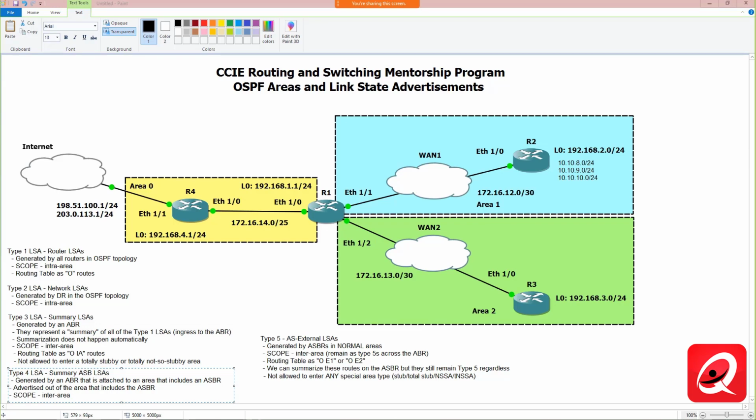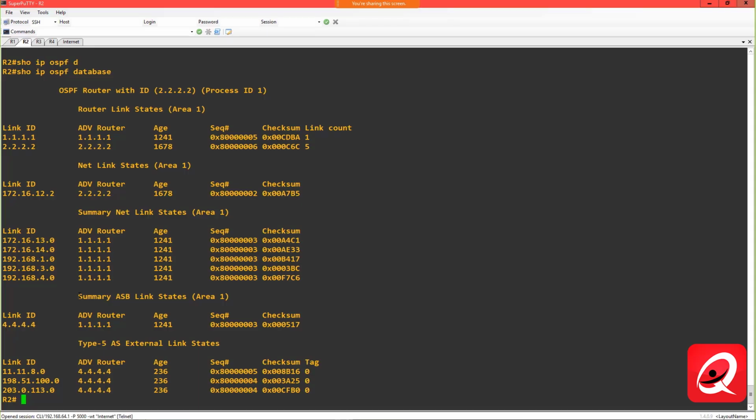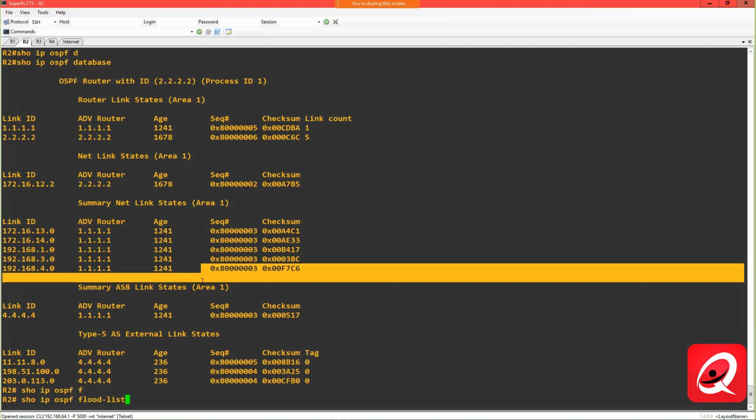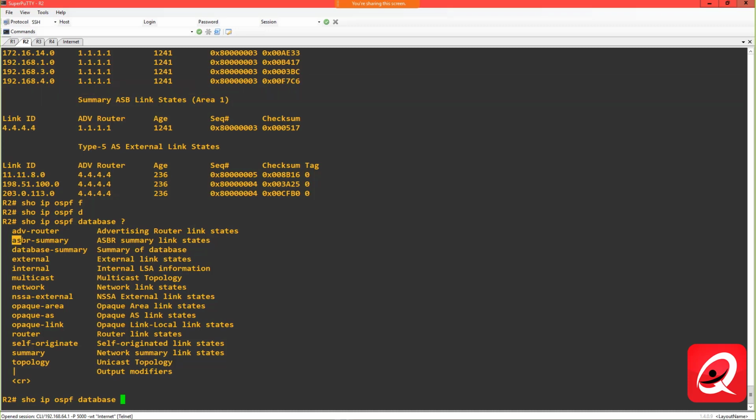All right? So let's go into our router 2 and see if we can drill down into these type 4s. Show IP OSPF database. I'm looking for summary ASB, which is, interestingly enough, listed as ASBR summary.